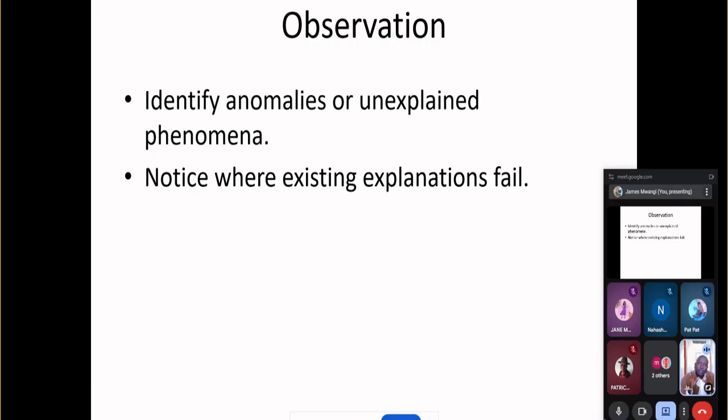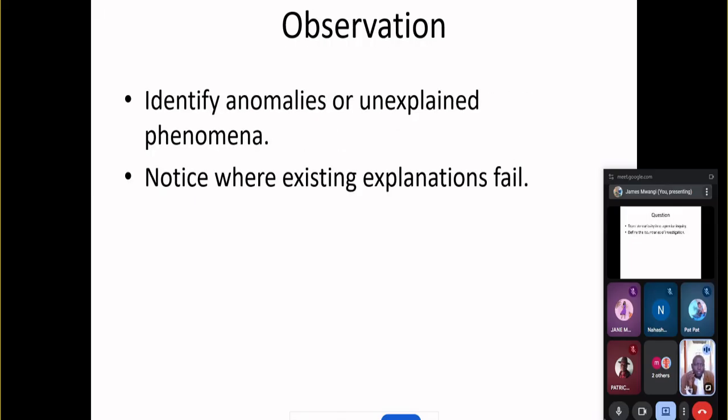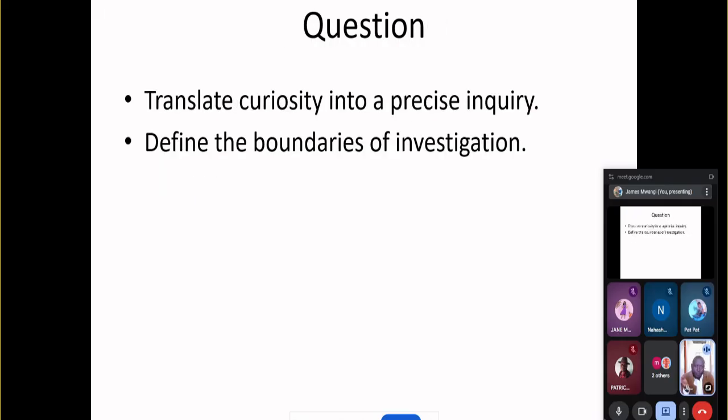So these are the usual explanations of people. They say maybe the planet has tilted or whatever, but then you find that all these explanations are failing to explain the phenomenon. You go to the next stage. After you have done the observation, you identify the anomaly or the problem.